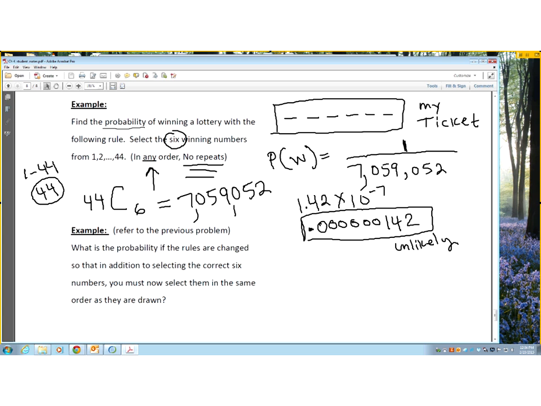But yes, technically, if you buy 7,059,052 tickets representing all the possible combinations, you would be assured to win. Now, my example did not include a mega number, because now you have a mega number, right? They add something different, so that would increase the number of combinations.